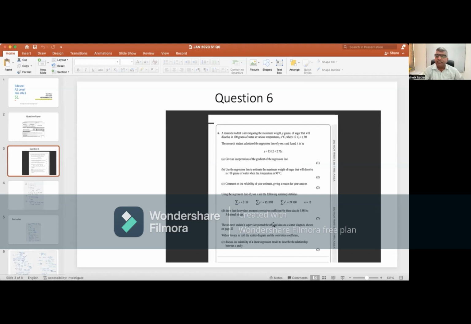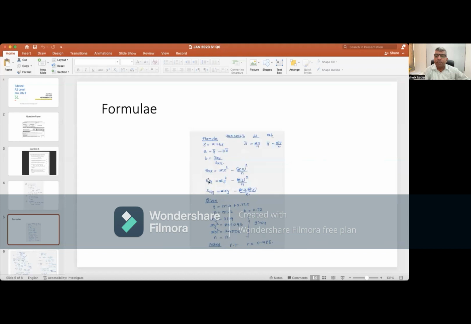Question 6d. They have given some data so that PMCC r equal to 0.988. Before that, let us list all the formulas of the regression line. y equal to a plus bx, a equal to y bar minus b x bar, y bar equal to sigma y over n, x bar equal to sigma x over n, b equal to Sxy over Sxx, Sxx equal to sigma x squared minus square of sigma x over n, Syy equal to sigma y squared minus square of sigma y over n, Sxy equal to sigma xy minus sigma x times sigma y over n.